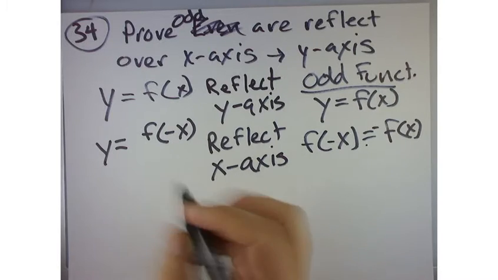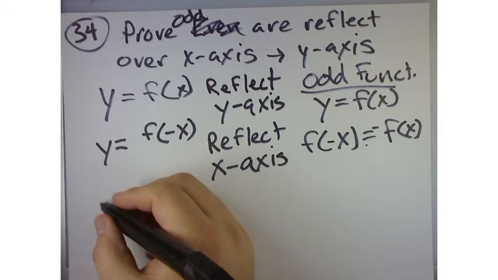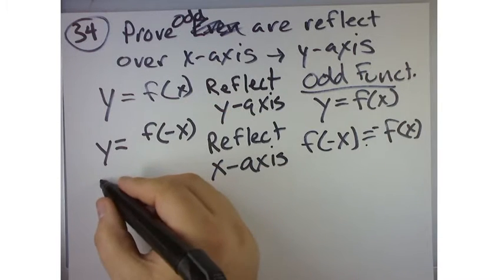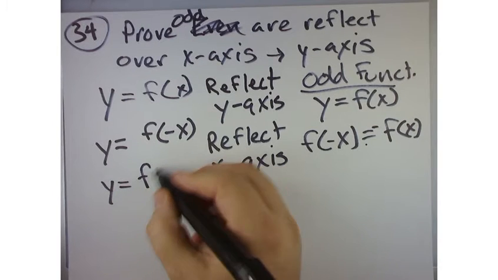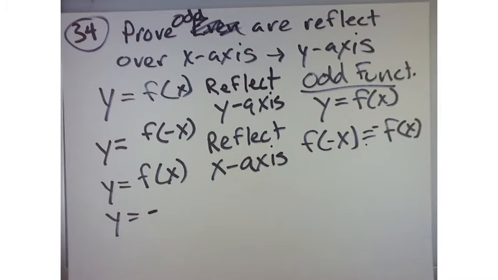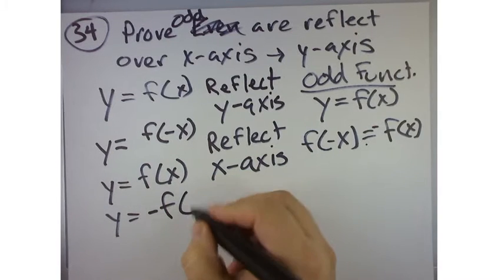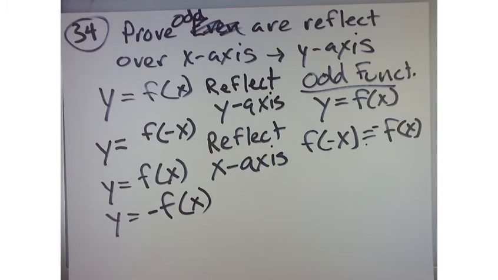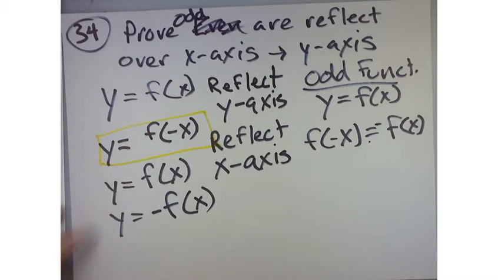Well, to reflect over the x-axis, if I started with f of x, I would get negative f of x. So if I were to do both those, what do I end up with? I end up with y could equal this, or y could equal that.